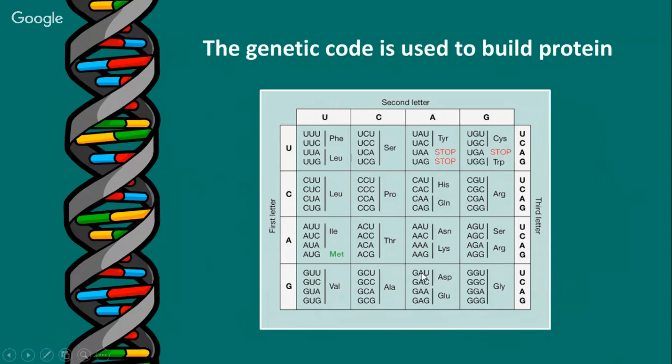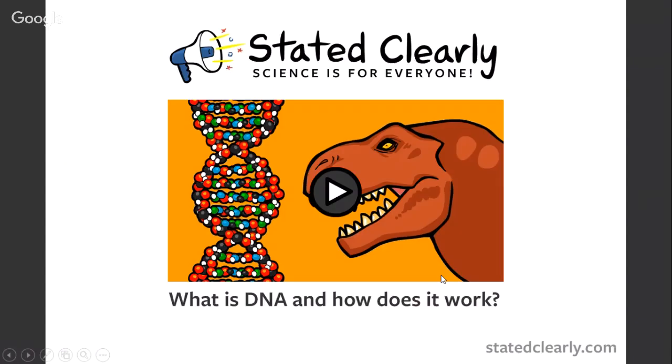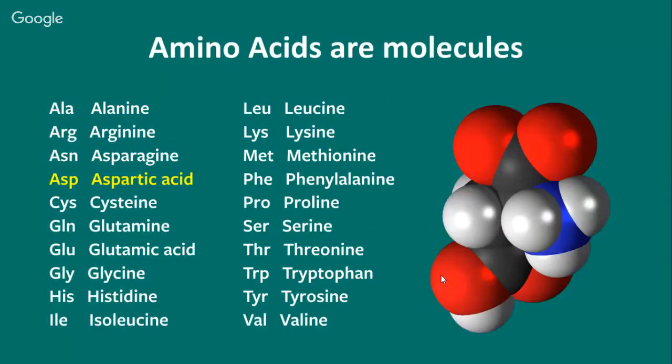So these little bits in our genes code for aspartic acid. I'm getting ahead of myself a little bit, but amino acids are molecules. Very important to recognize that. They're not letters; they're molecules. And that might sound silly that I'm focusing so hard on that, but people do get this confused, especially when they're first learning about genetics.